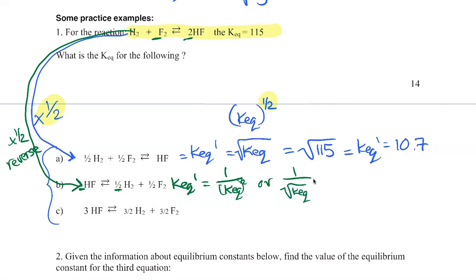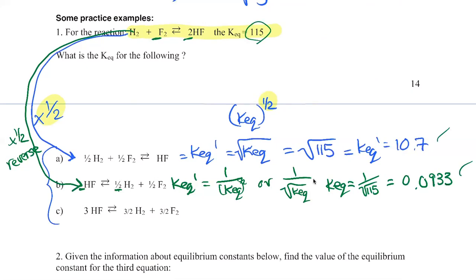So square root is the same thing as to the power of a half. So when we reverse it, we're getting the 1 over, so we're taking the reciprocal, as well as multiplying by a half gives that square root. So then the KEQ for this reaction is going to be 1 over the square root of 115, which is going to give me 0.0933. So I'm keeping 3 significant figures throughout because I started with 3 in my original KEQ value.